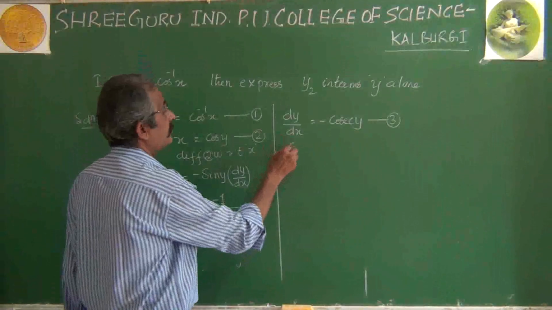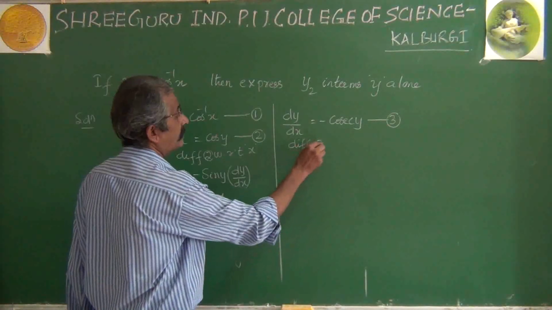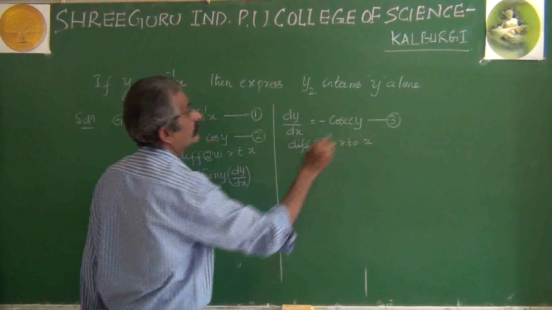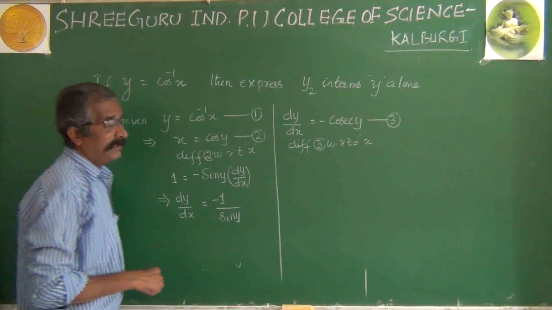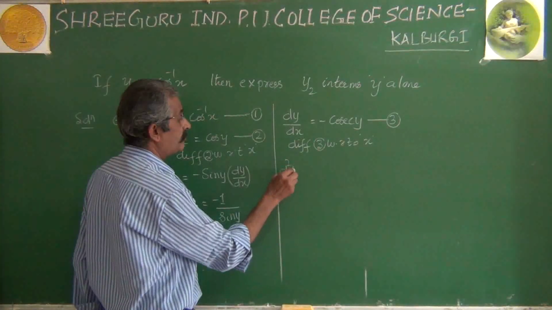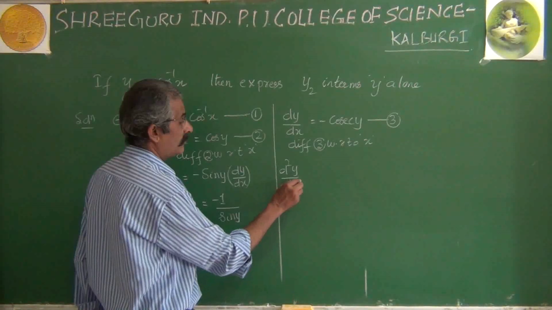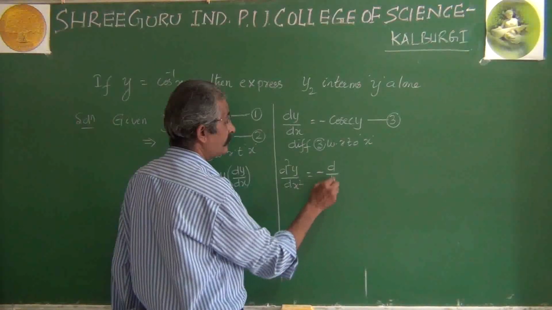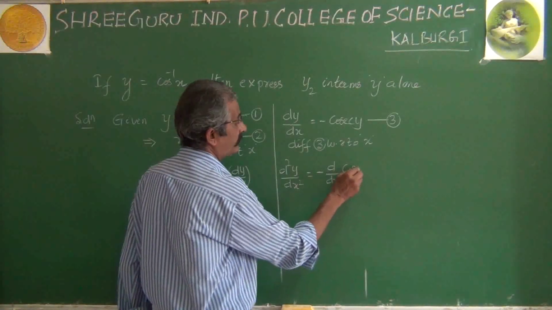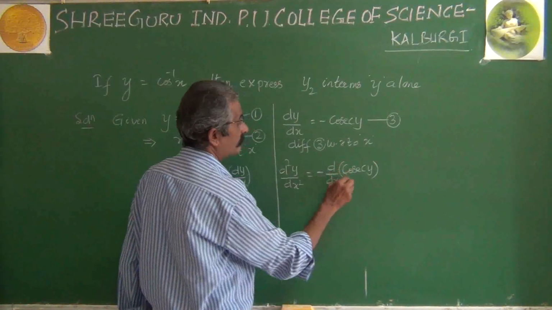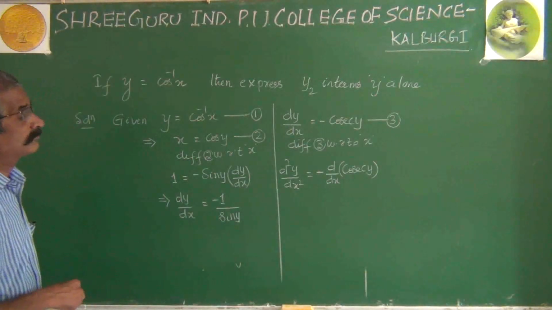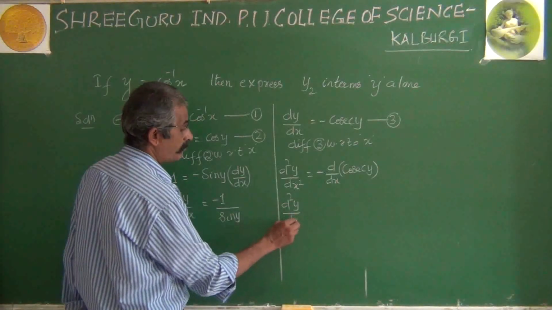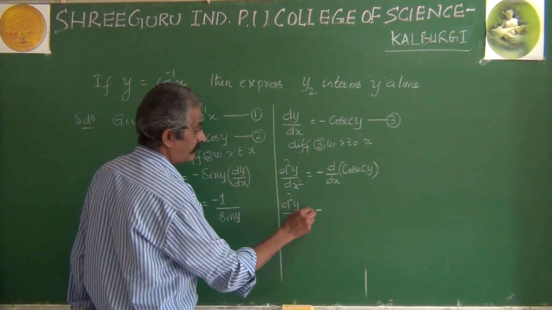Now differentiating 3 once again with respect to x. On differentiating 3 with respect to x, the left side is d2y by dx2, and on the right side, minus is a constant outside, into the differentiation of cosec y with respect to x. So d2y by dx2 equals minus of.